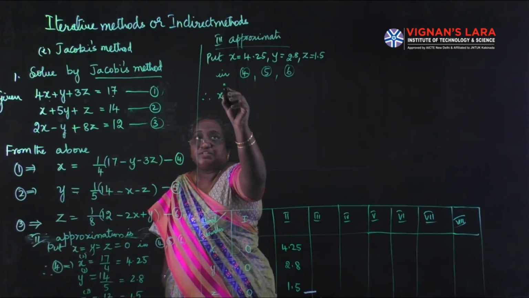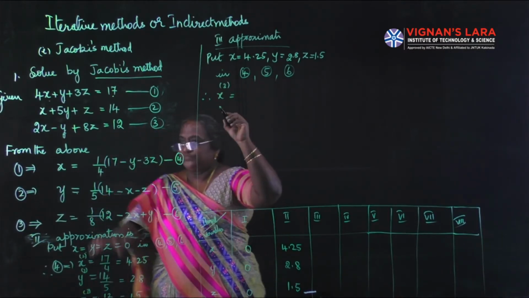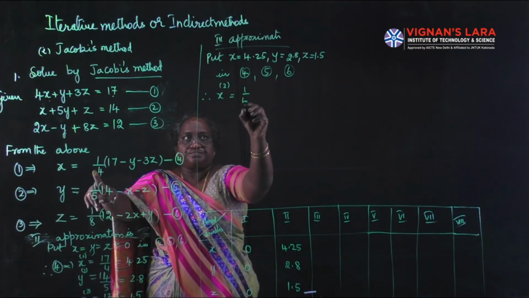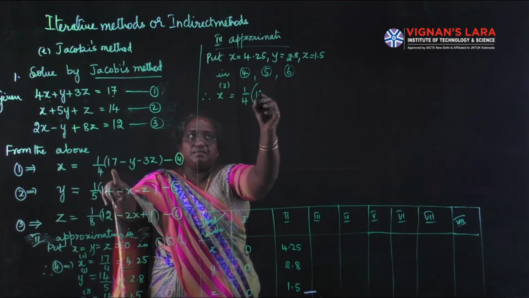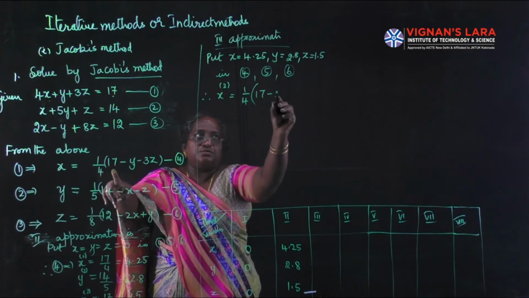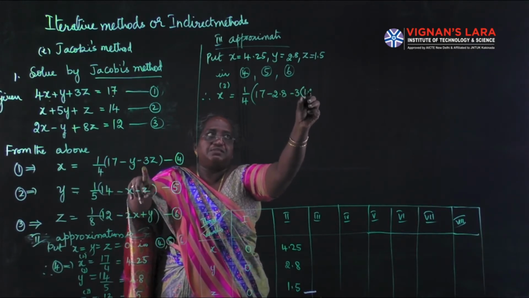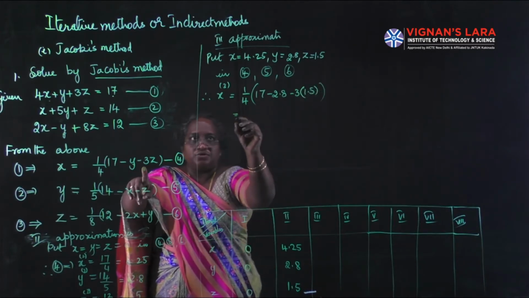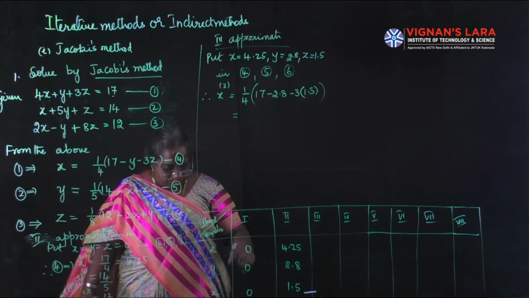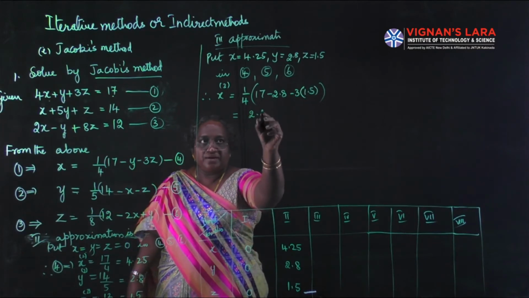Third approximation of x is equal to, look here, 1 by 4 into 17 minus y, what is y? 2.8, minus 3z, minus 3 into z is 1.5. If you calculate it, it comes to be 2.425.